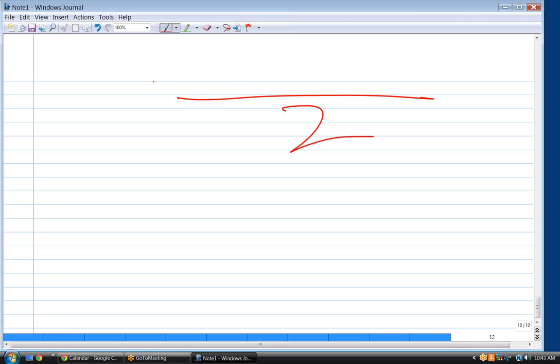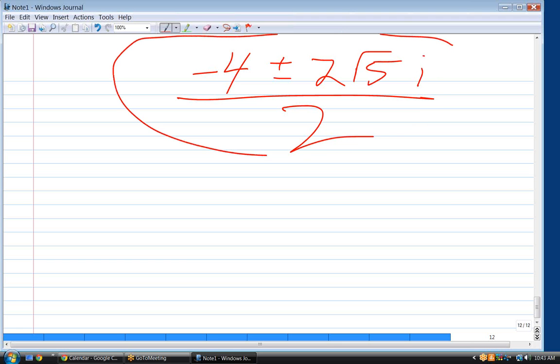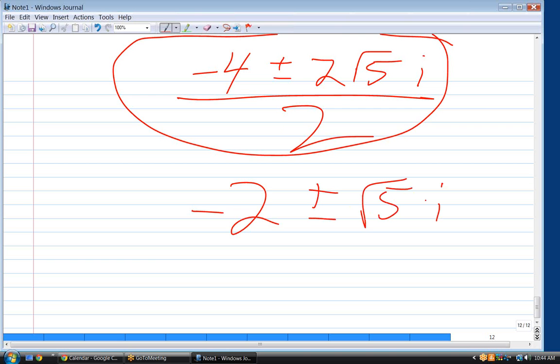In the last problem, we would have ended up with something that looked like this after plugging into the quadratic formula. And then this has to be reduced to that. Okay? Yeah. All right.